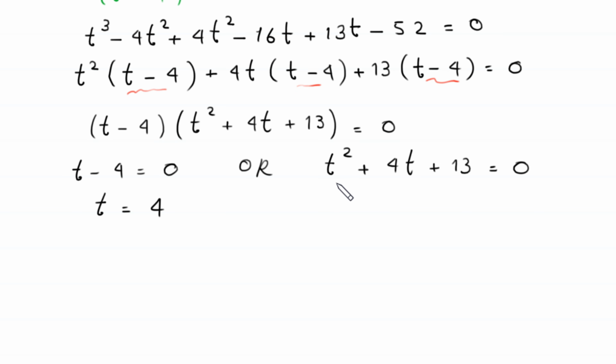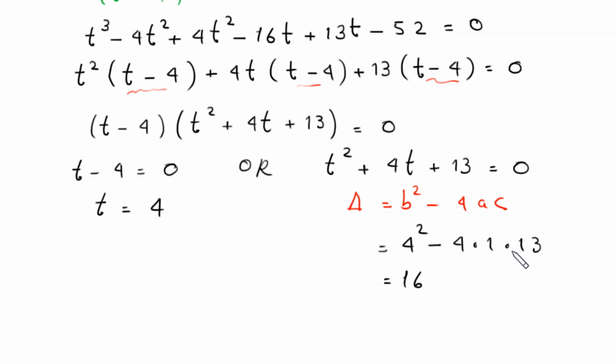and from this equation we see that the discriminant, that is also called delta, that is b squared minus 4ac, is less than 0 or greater than 0. In this equation we have b as 4, so this will become 4 squared minus 4 times a is 1 times c is 13, and this will become 4 squared is 16.